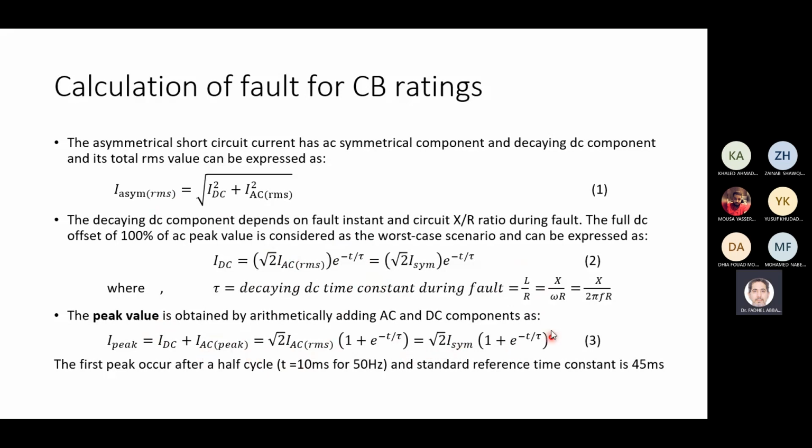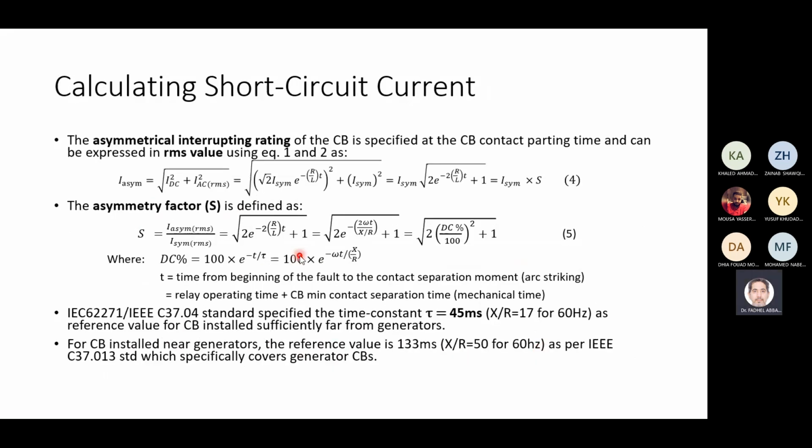This is what I showed you in the beginning, to get the peak value of the current. This is very important to find for close and latch rating. We can also derive the S factor. Where does the S factor come from?